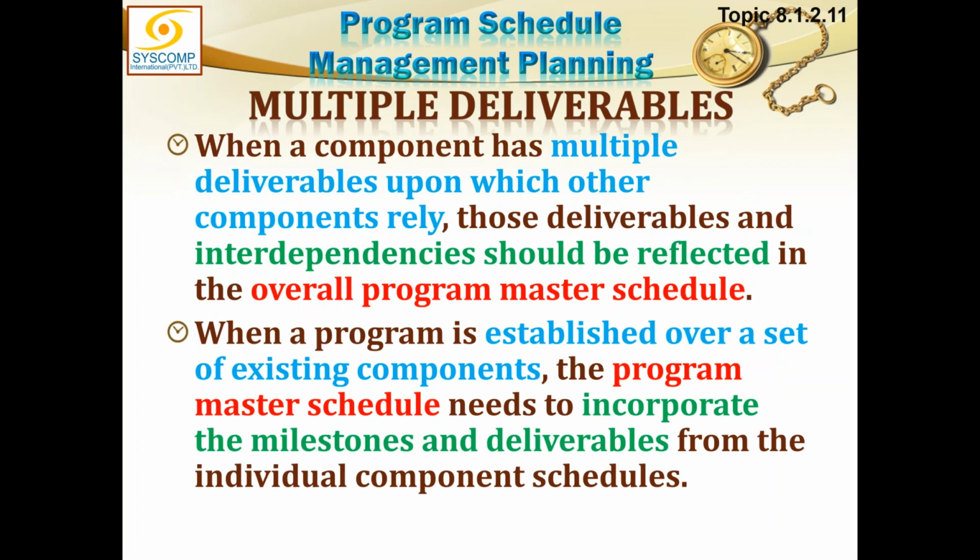So, if external entities or activities from another component are dependent on one component's activities, then this is a program level subject, and the coordination of that must be done by the program, and such dependencies must be revealed to the program manager and must be clearly shown in the overall program master schedule.